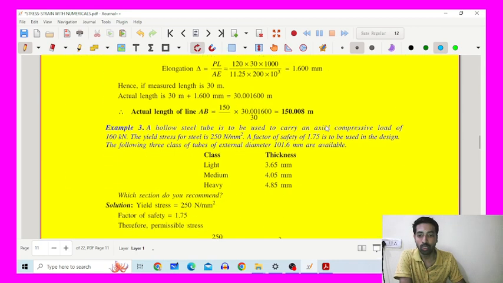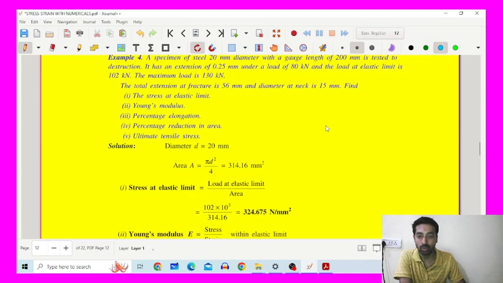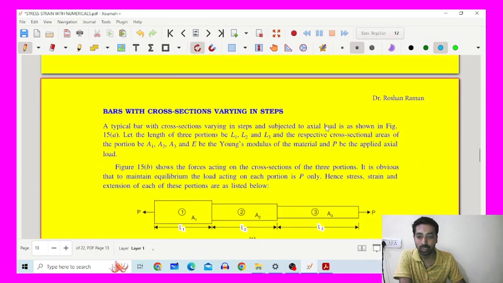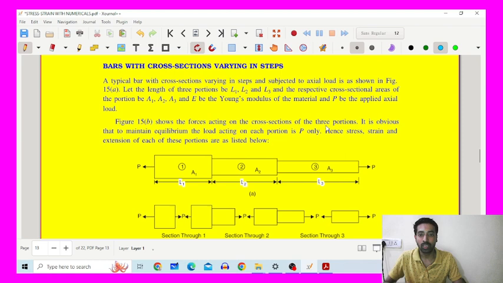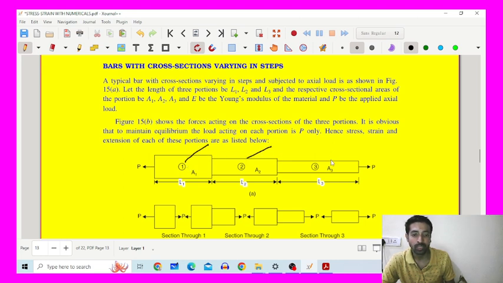Now I will move to the next question, and that I will do on the basis of the stepped bar. It is a very important concept. These types of problems are very important and relevant. Let's suppose this is a stepped bar. You can see section 1, section 2 and section 3, and the nature of the load is that both loads are balancing each other.